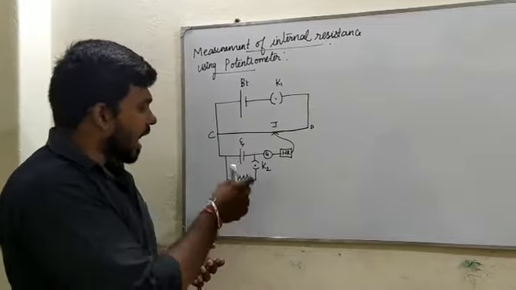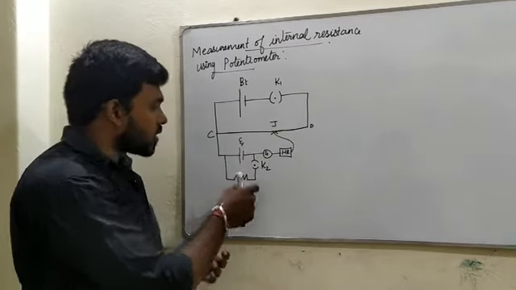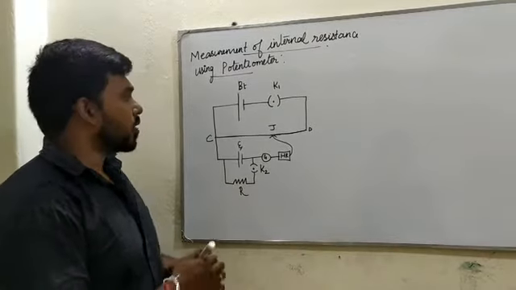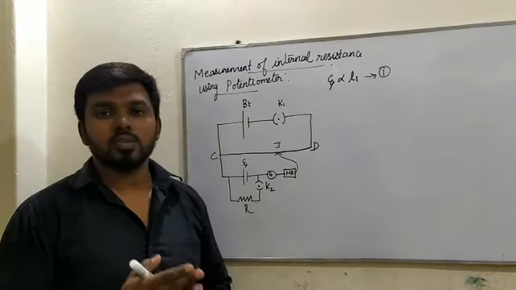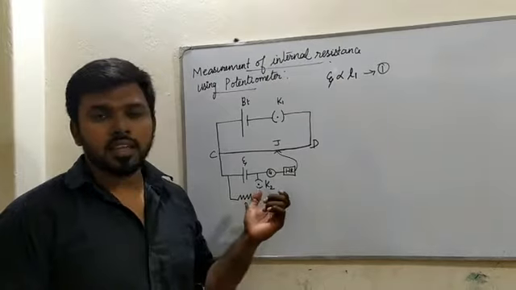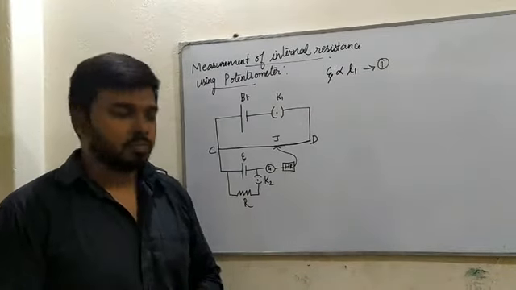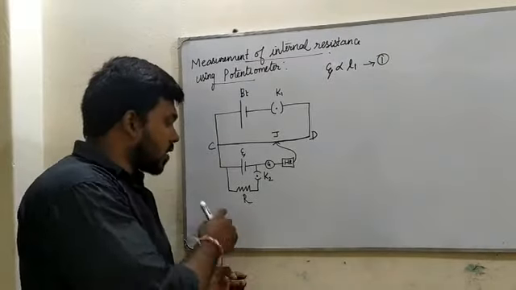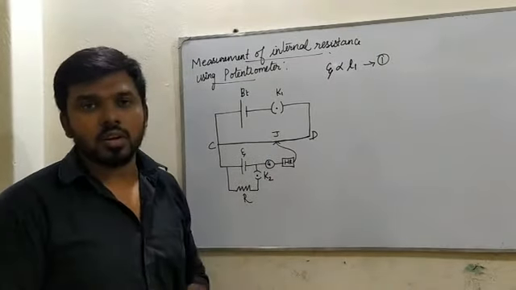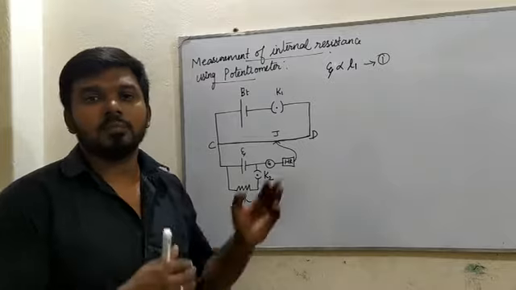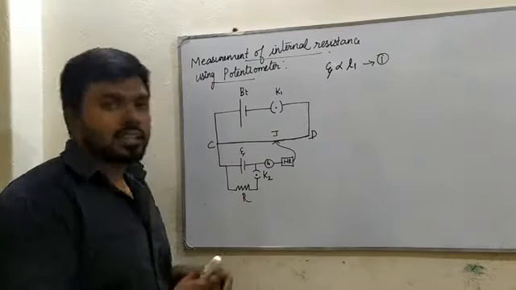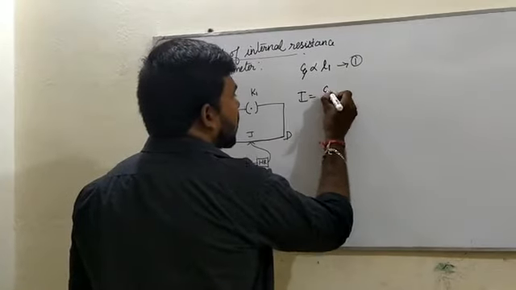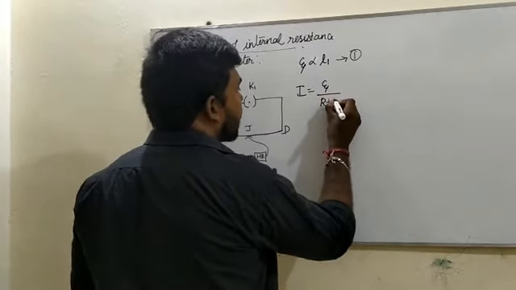And resistance R is connected across the cell through key K2. Consider a suitable resistance R and key K2 is closed. Let r be the internal resistance of the cell. When the key K2 is closed, the resistance R is also included in the circuit, such that the current passing through the cell and the resistance R is given as I equal to xi by R plus r.